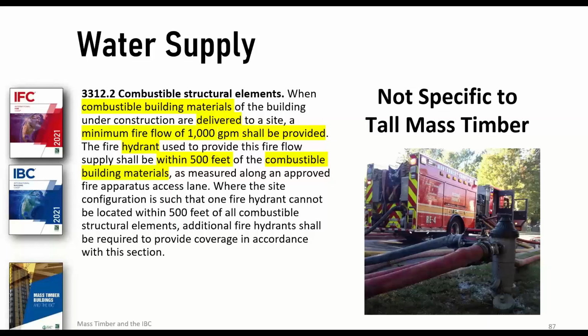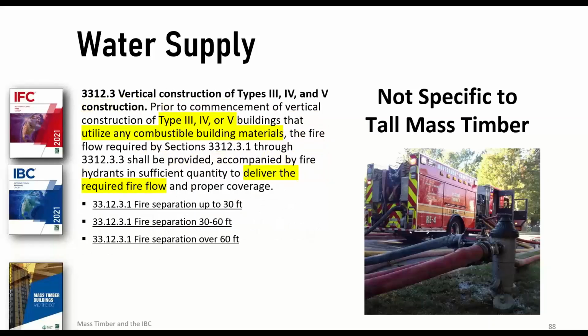You have to have a fire hydrant within 500 feet of combustible building materials. So this gives a little bit of guidance. Now you can debate whether the amount of fire flow is going to be adequate, because I've seen multifamily type 5 buildings catch fire and the fire department can throw anywhere from 5 to 10 to 25,000 gallons a minute. But before there was no guidance, now you at least have a starting place.